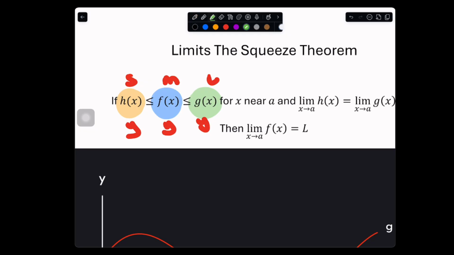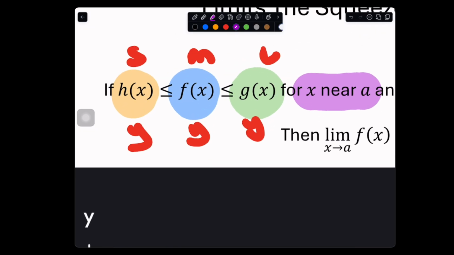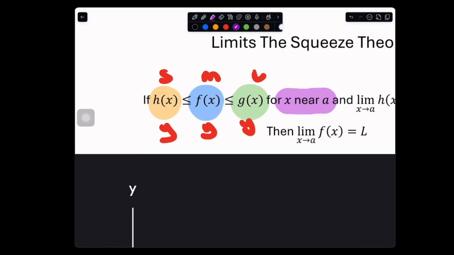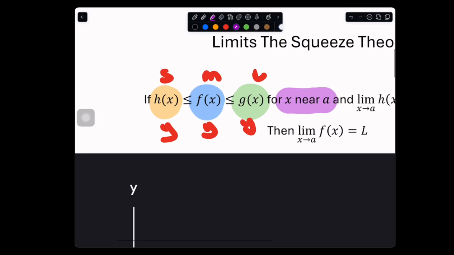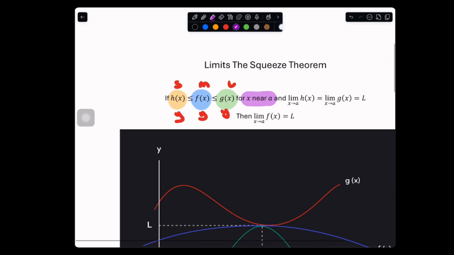And then they say, look at these values for x near what? X near a. So you're looking at the values of x near a. So this situation is occurring for the values of x that are near. And being near doesn't mean being at. Okay, so you might say, what does that mean?